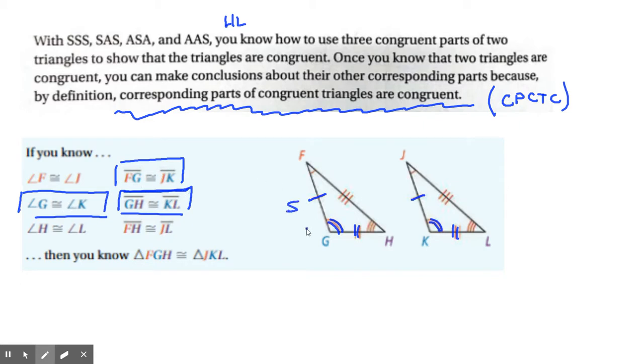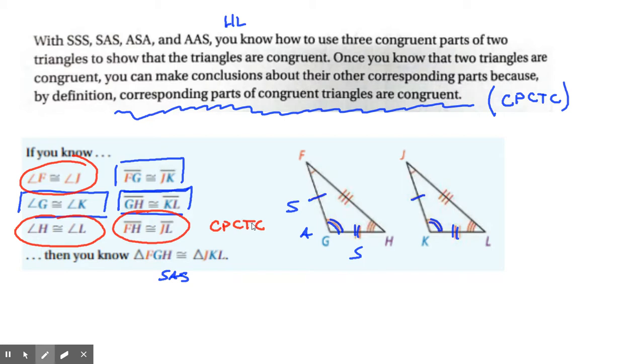So these are the three things you would know to prove the triangles congruent by side, angle, side. Then in your next step of the proof, you could say that either angle F is congruent to angle J, angle L is congruent to angle H, or side FH is congruent to side JL, and that would all be by CPCTC. Corresponding parts of congruent triangles are congruent.